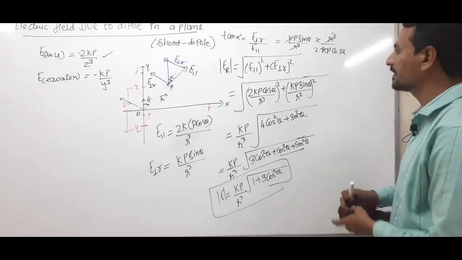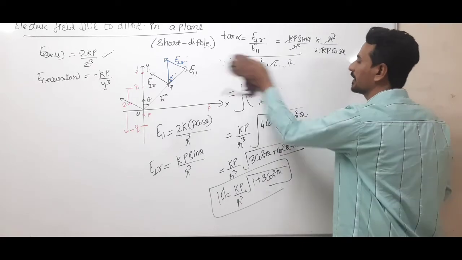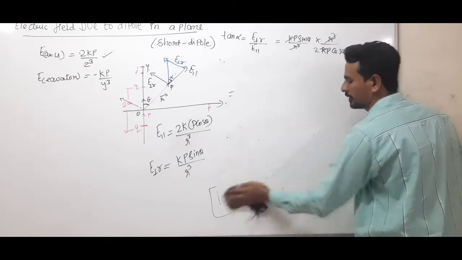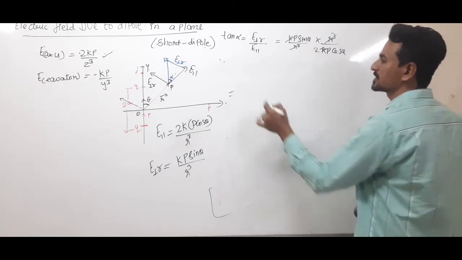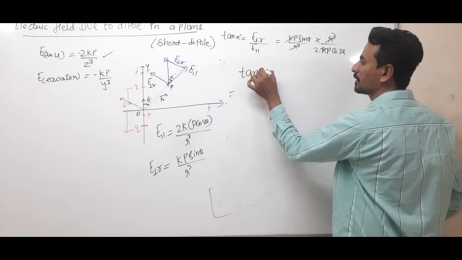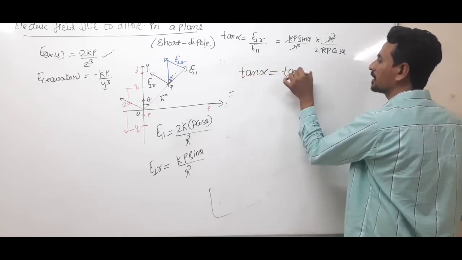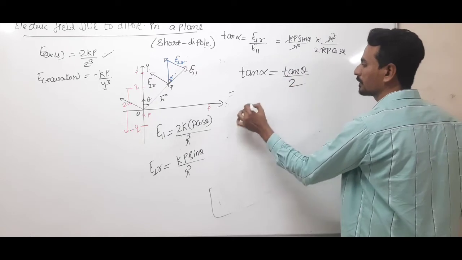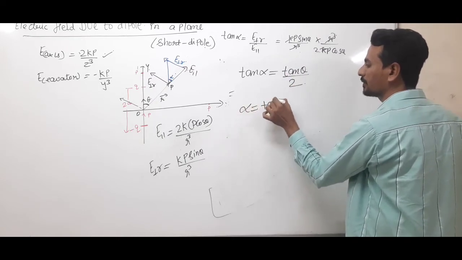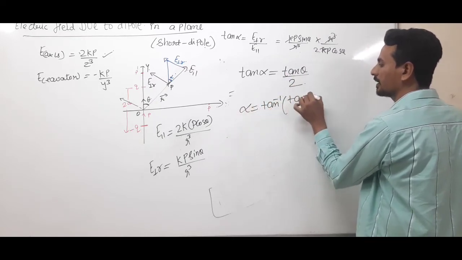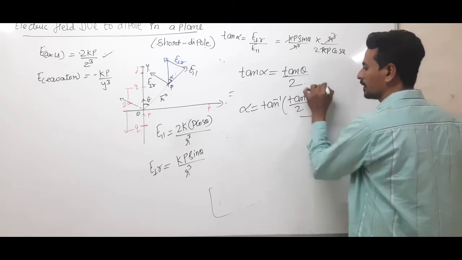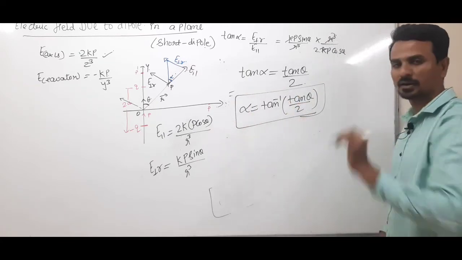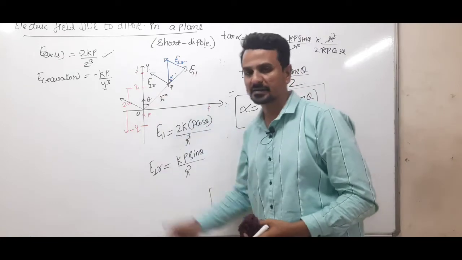Now what is sin theta by cos theta? That is tan theta. So tan alpha is equal to tan theta divided by 2. So alpha is equal to tan inverse of tan theta by 2. So this will be the resultant angle.